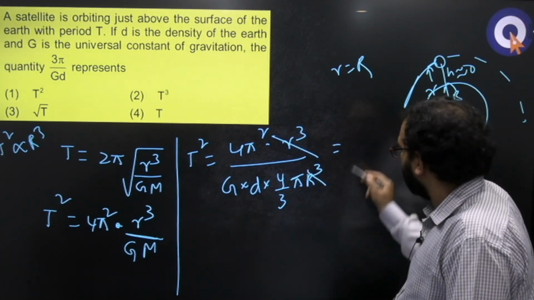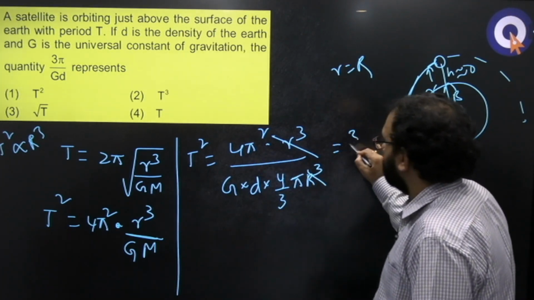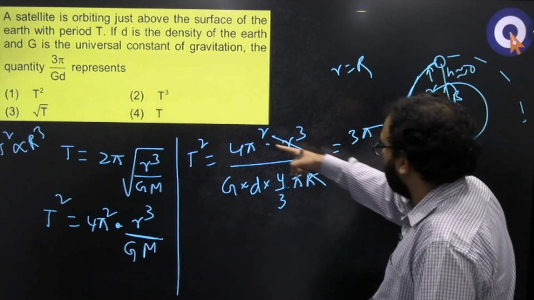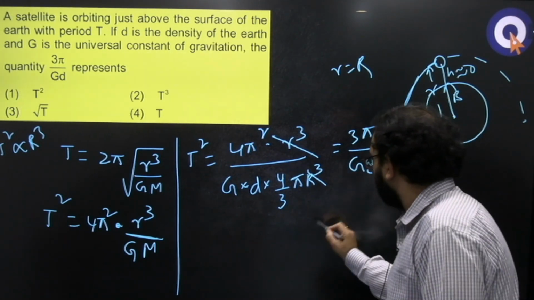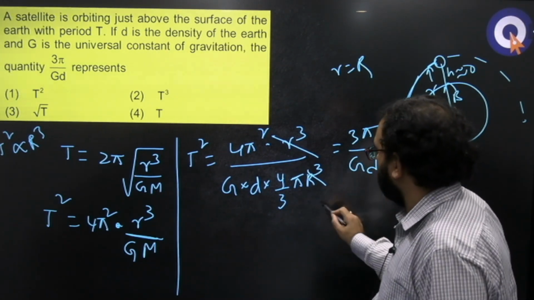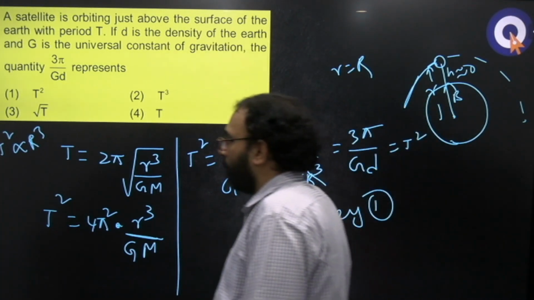So here this 3 and this 4 get cancelled. 3 pi square, 3 pi, 1 pi gets cancelled. 3 pi by GD we are getting. So this is equal to T square. So the first option is the key.